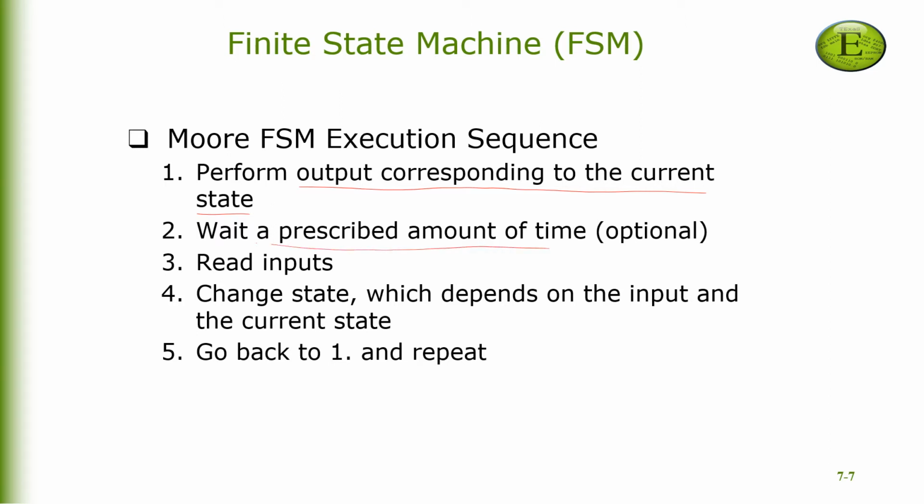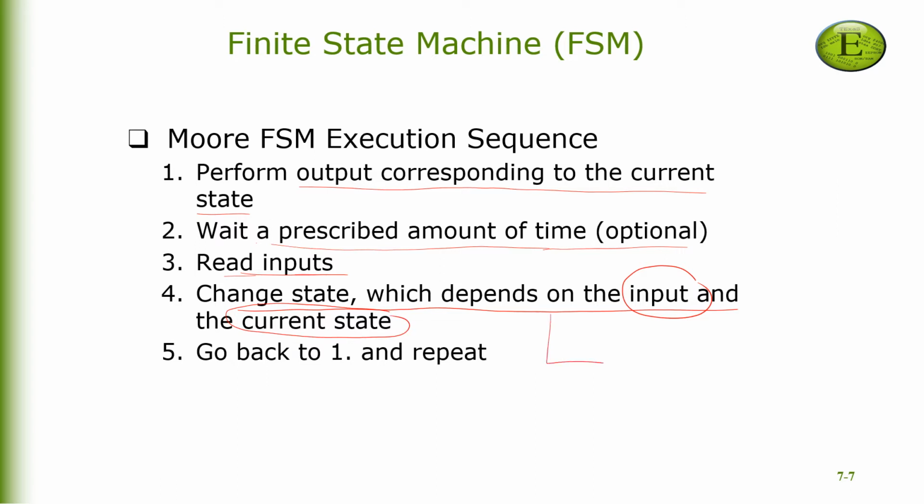However, note that this wait time may be optional. Nevertheless, the next step is to read the inputs. And after the inputs are read into the microcontroller, we apply the state change if required. That depends on the input and the current state.